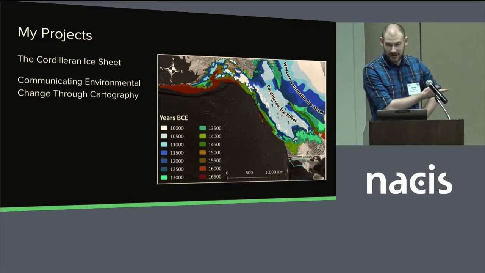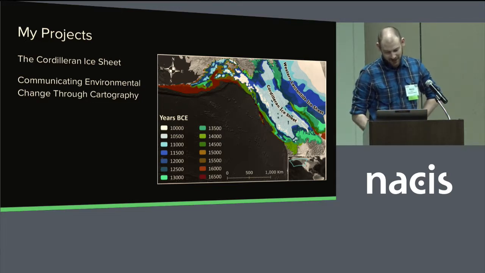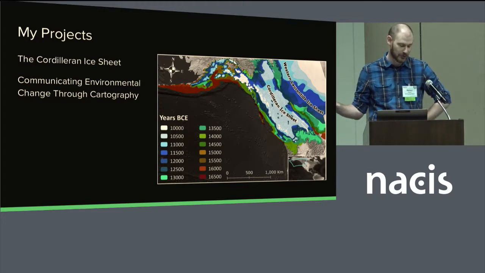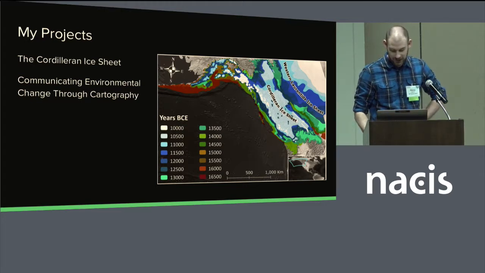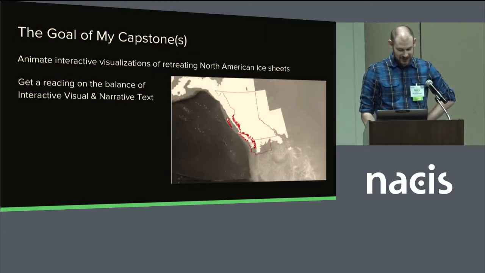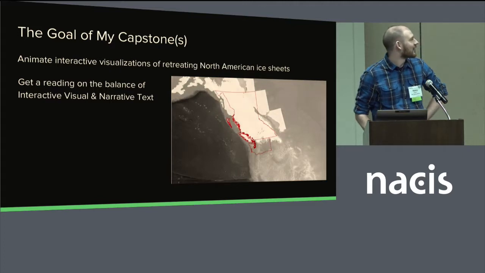So that is the static interpretation of my first pass of the project, just using some color symbology and layering to try to explain how it progressed from a larger coverage to a smaller coverage and open up some interesting features such as the corridor that opened up when the Western Laurentide, which covered most of North America, separated from the Cordilleran. And I created a little animated visualization. Some of it got cut off there, but that was just focusing on that little loop.